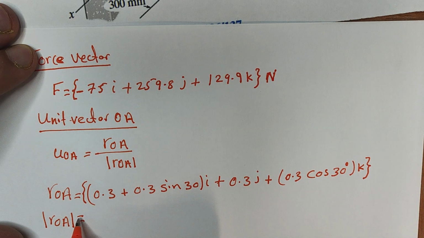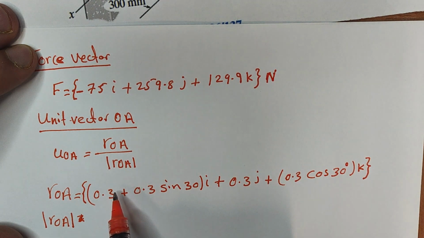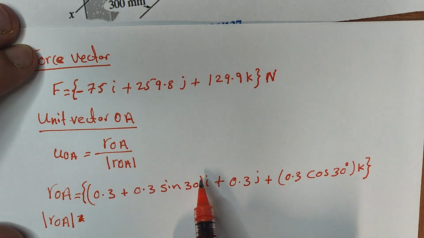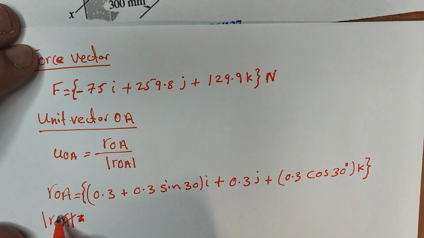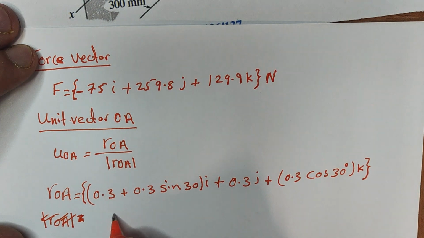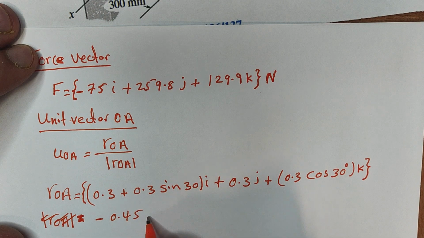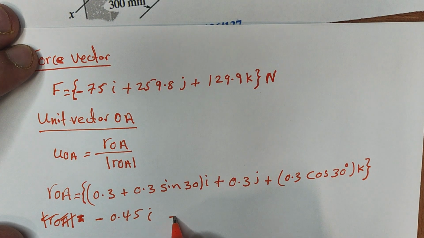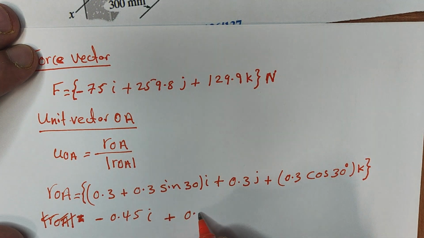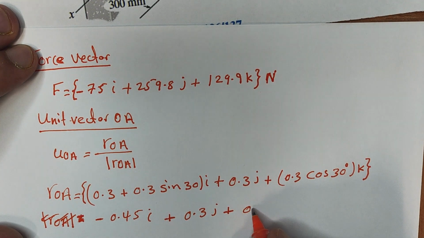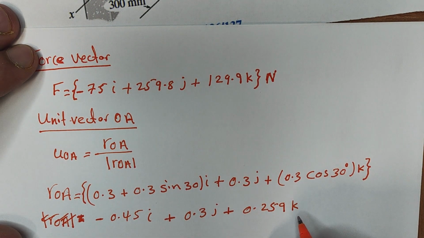In this case it will be the square root of all of this. When you solve for it, the position vector will be negative 0.45 i plus 0.3 j plus 0.259 k.